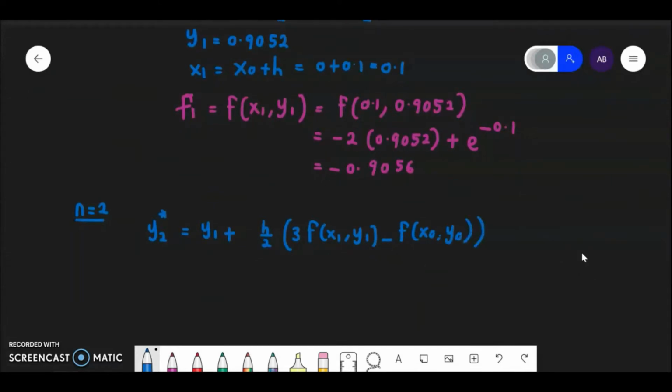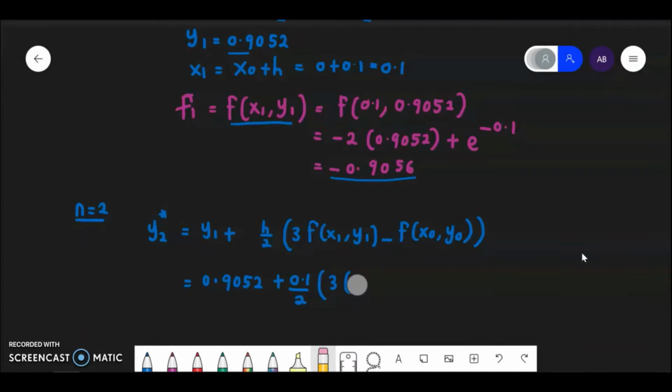Look at that. f of x1, y1 we have already obtained here. Now what is f of x naught, y naught? That's the initial, so we can do that. y1 here refers to my RK method as my starter. So 0.9052 plus 0.1 over 2 times 3 times this value, negative 0.9056.